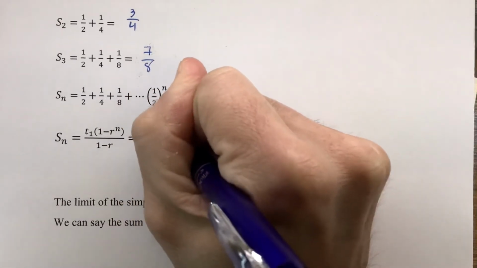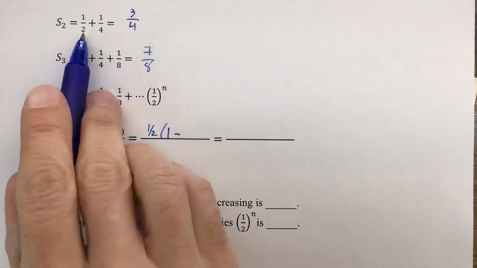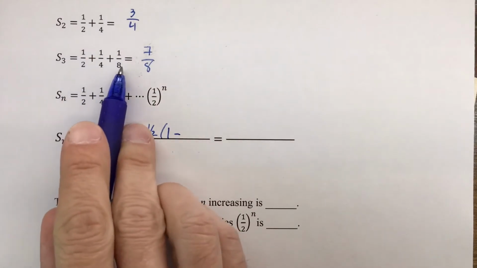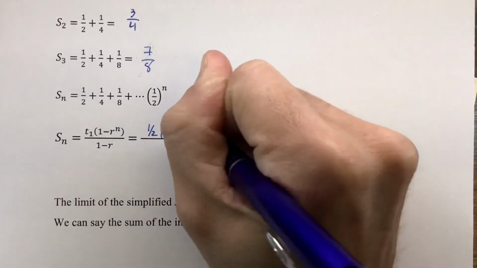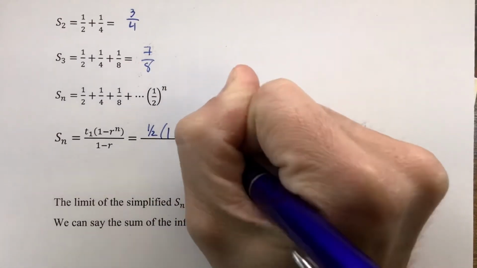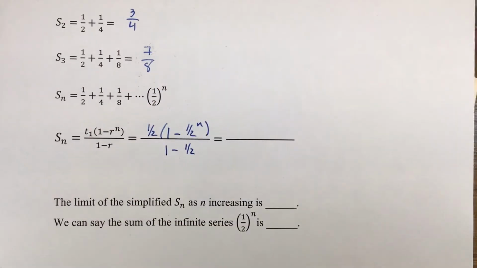We then have 1 minus r. Our r value here, the factor that we use to go from 1/2 to 1/4, 1/4 to 1/8, 1/8 to 1/16, is going to be 1/2 as well. So it'll be 1/2 to the nth power divided by 1 minus 1/2.